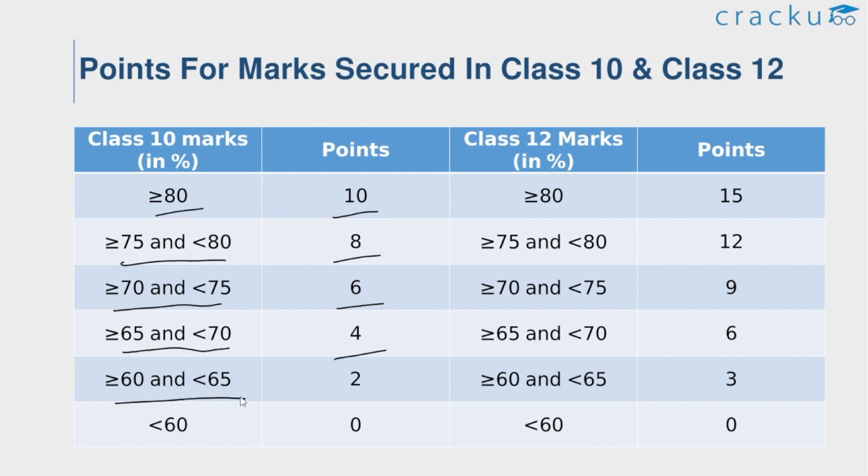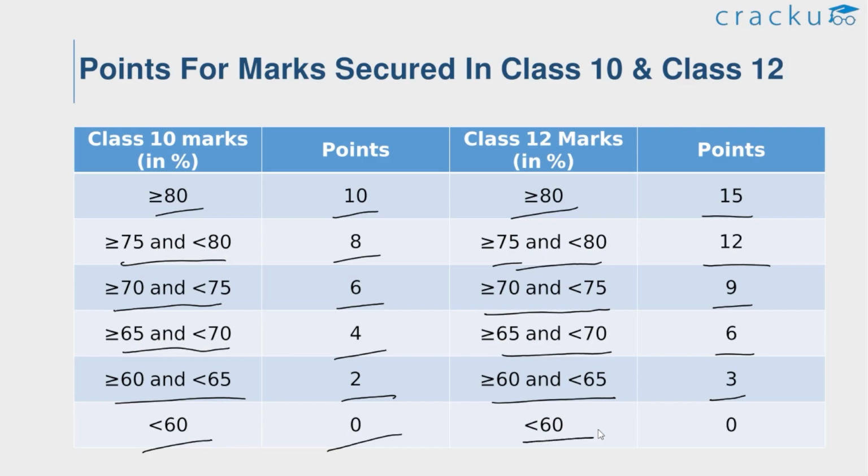From 60 to 65, the points are 2. And if the percentage is below 60, then the points will be 0. For 12th marks, if the candidate secured 80%, then 15 points will be awarded. If the percentage is from 75 to 80, then the points will be 12. If the percentage is from 70 to 75, then the points will be 9. If the percentage is below 60 in 12th marks, no points will be awarded.